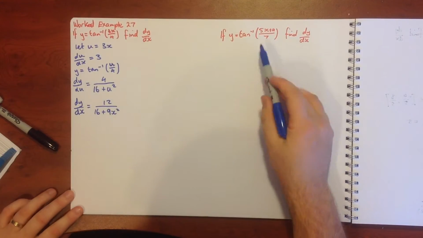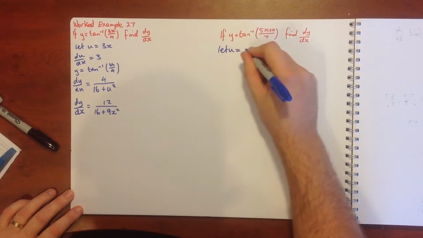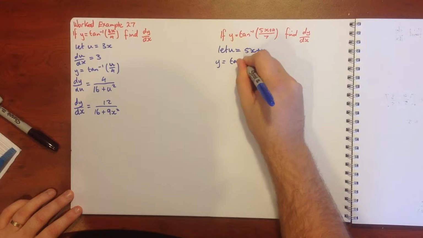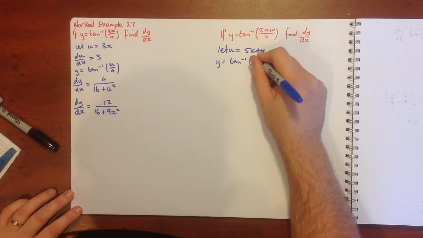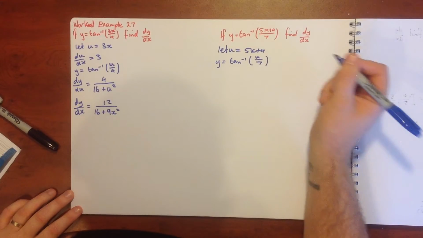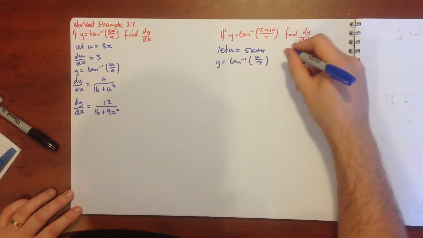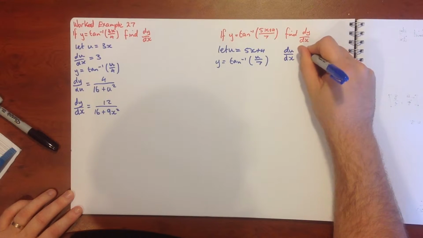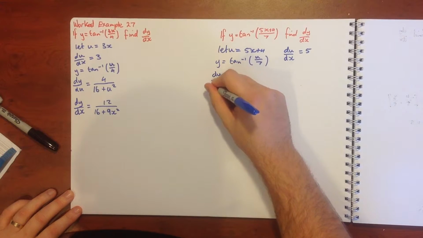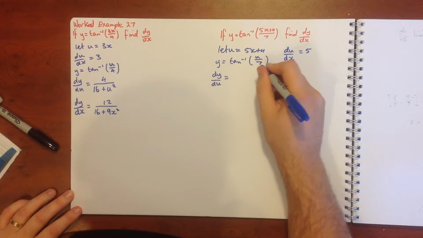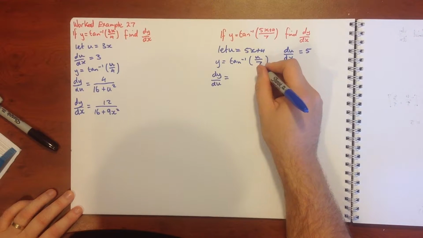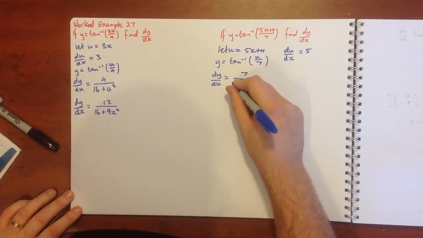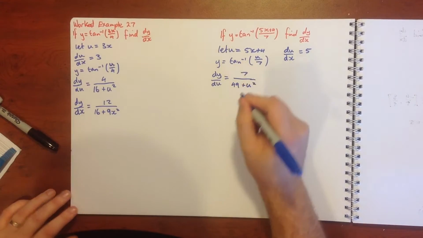For this one, we're going to let u equal 5x plus 4. So y equals inverse tan of u on 7. So we say our du/dx, that's just going to equal 5. dy/du, well, that's going to equal 7 over 7 squared, which is 49, plus u squared.